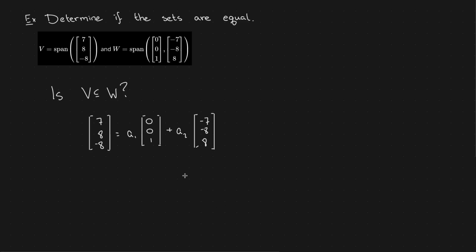Okay. Again, we can eyeball this. You could try solving it, setting it up as a linear system of equations and getting it in reduced row echelon form and solving it. But this one's simple enough. We could see that if we set the first coefficient to 0 and the second to negative 1, it's going to work out.